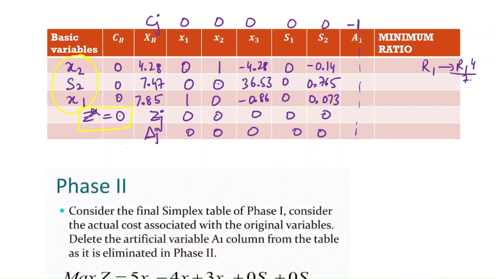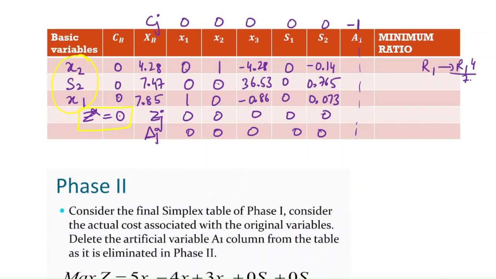In the second phase, we will have the first objective function that was given to us in the question, 5x1 minus 4x2 plus 3x3 plus 0s1 plus 0s2, and we will not be considering the artificial variables here.